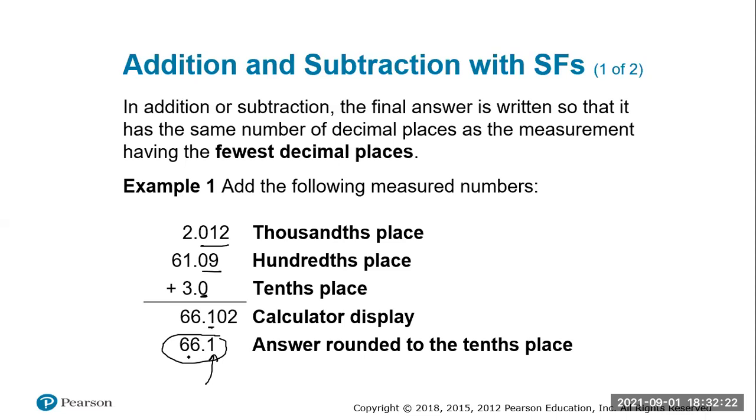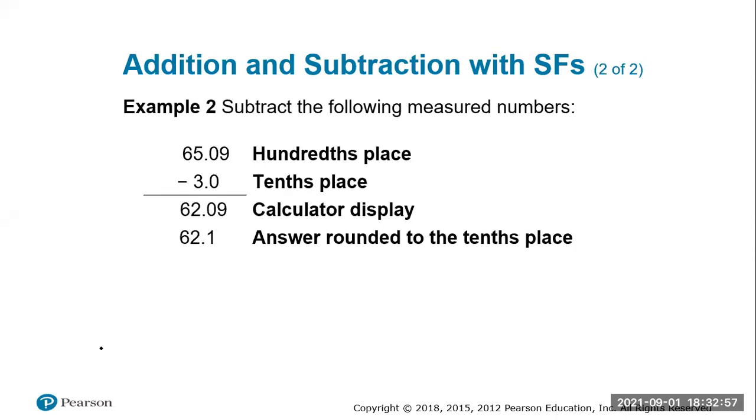But if we were then going to take this number and continue on with another calculation, for the sake of argument, if we needed to do sig figs, that number now would have 3 significant figures. So sometimes people get confused on the decimal place versus sig fig thing. But remember, when you're adding or subtracting, go by decimal places, but that most likely will give you a number that has a different number of significant figures, which you might need to use as you continue on with the calculation.